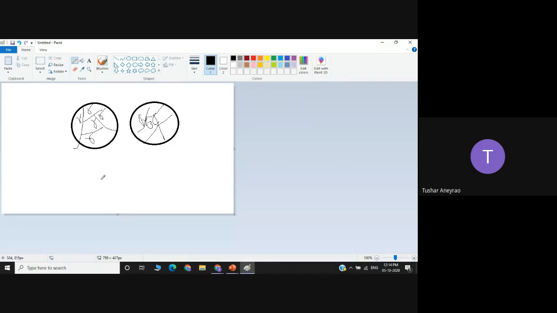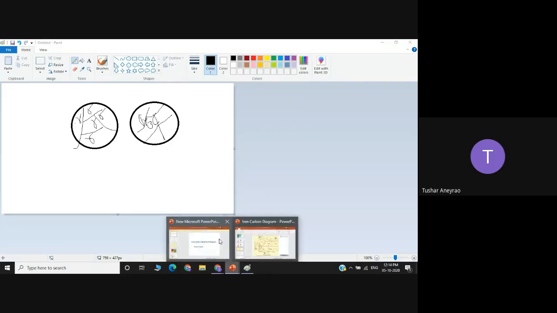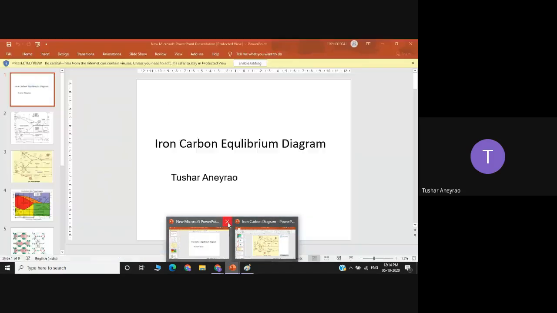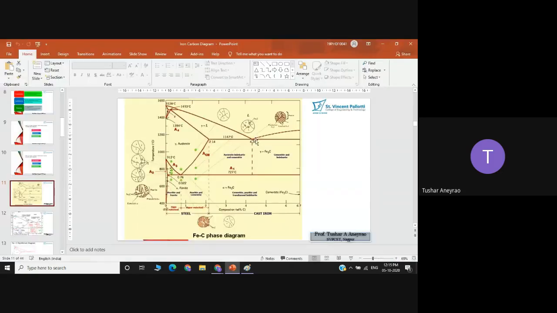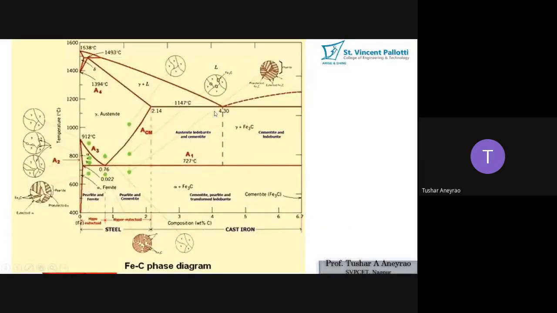Now we are at the eutectic point here, at this particular point, where we are having 4.3% of carbon and 1147 degrees centigrade of temperature.